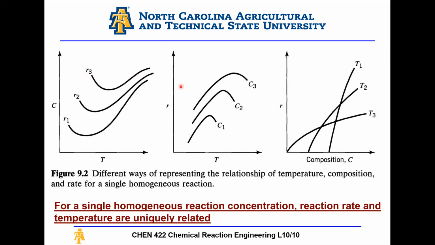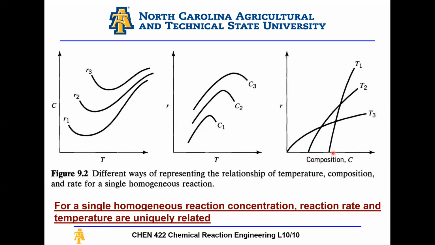In the middle here, I have reaction rate versus temperature. On the y-axis, I have my reaction rate, on the x-axis, my temperature, and I have 3 lines of constant concentration. And on the right-hand side here, I have my reaction rate on the y-axis, my composition on the x-axis, and 3 lines of constant temperature.